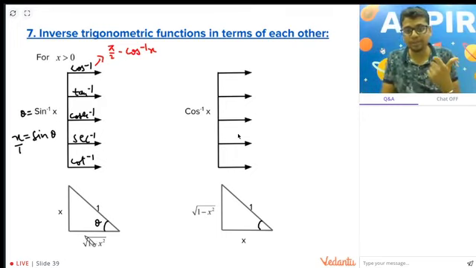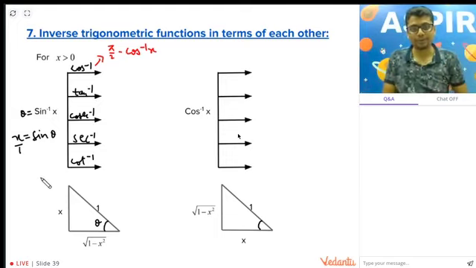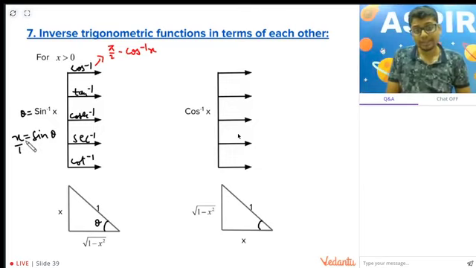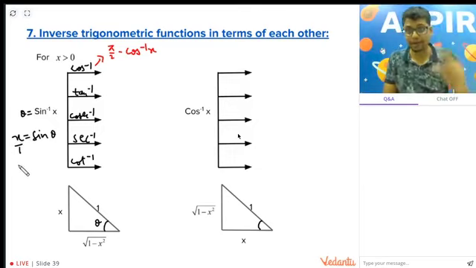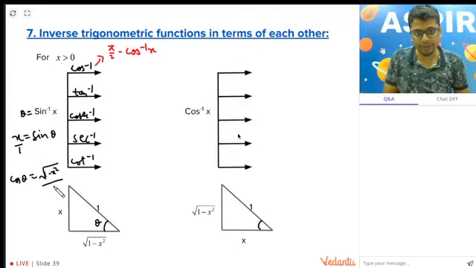Base will be under root 1 minus x square. And x is greater than 0, so I can consider it as a length of a side. That's what I mean. Now, sine theta is x by 1, which is perpendicular by hypotenuse. What about cos theta? Cos theta is under root 1 minus x square divided by 1, so base by hypotenuse.